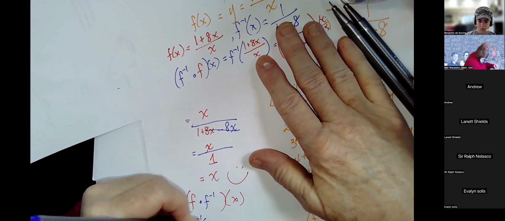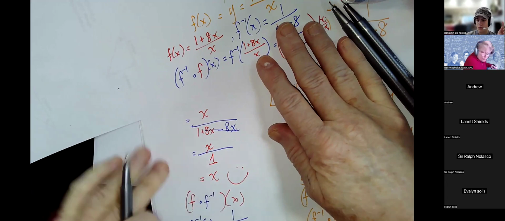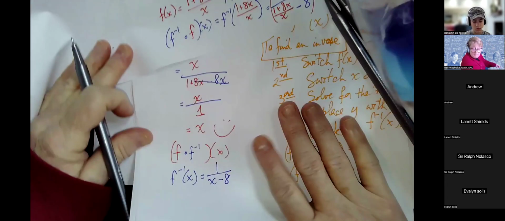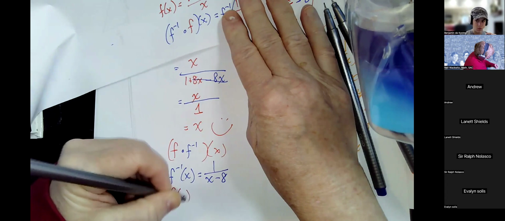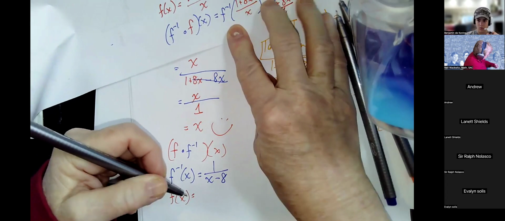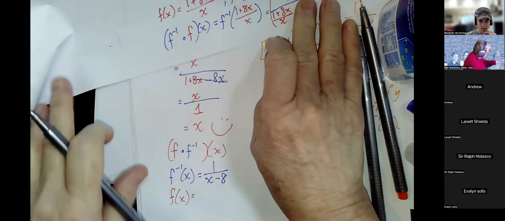I have a question. Yeah. So during the process of doing the inverse, why would you multiply x with y minus 8 instead of dividing by the x?